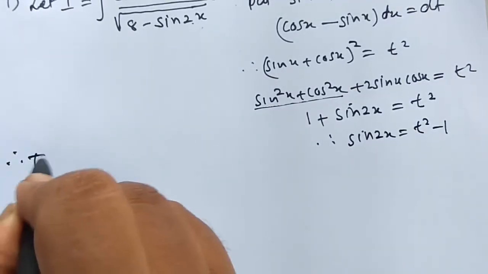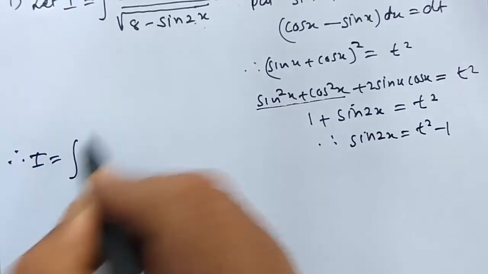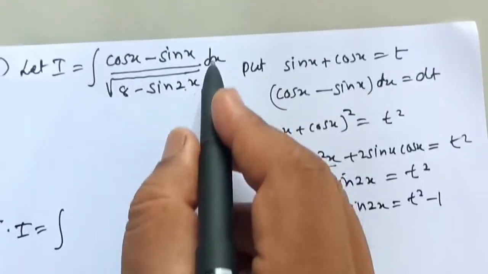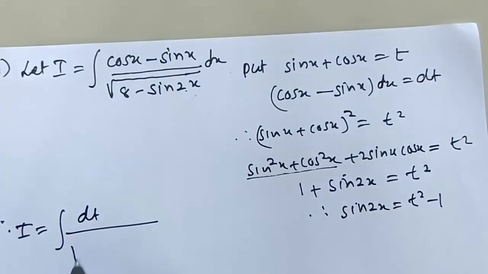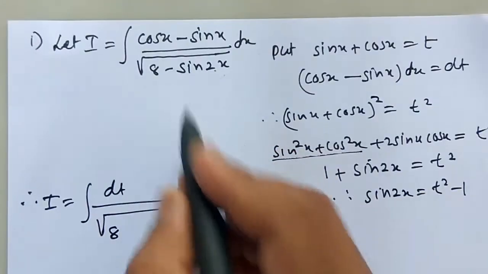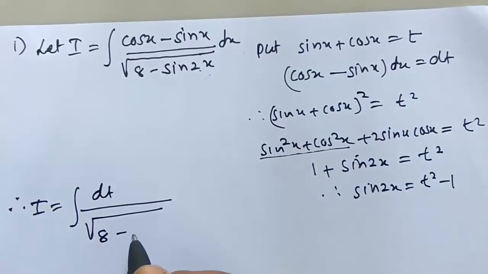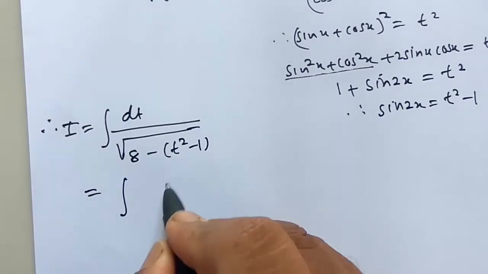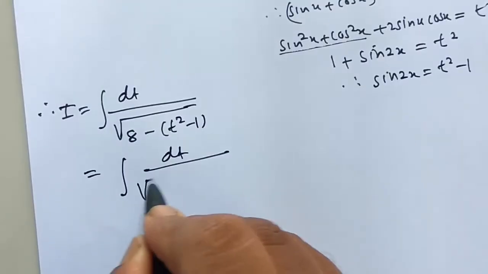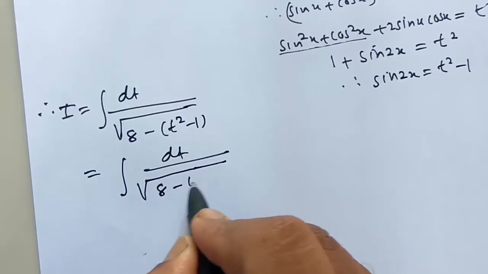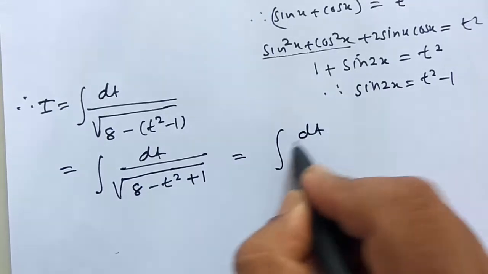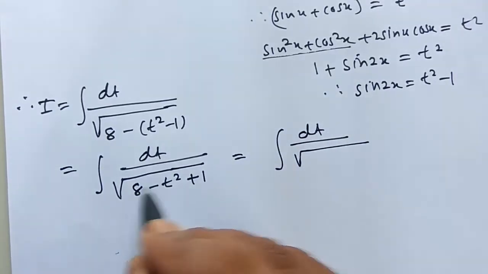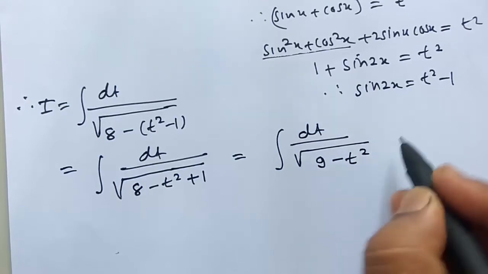Therefore, the given integral is equal to, the denominator being replaced, dt upon under root of 8 minus sin 2x, which is t square minus 1. It is equal to the integration of dt upon under root of 8 minus t square, minus minus becomes plus 1. So this is equal to dt upon under root of 8 plus 1, 9 minus t square.